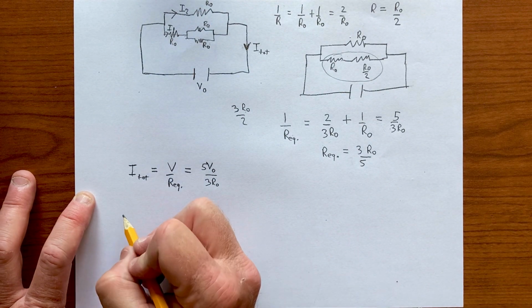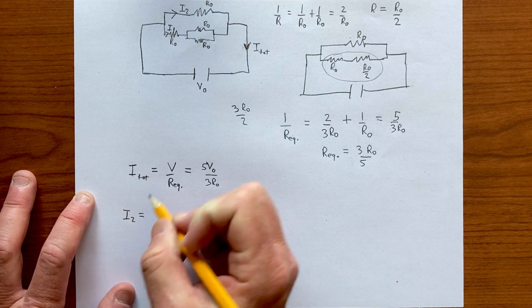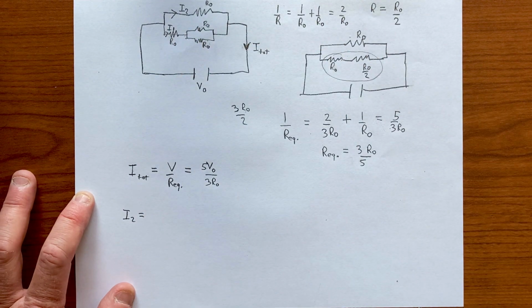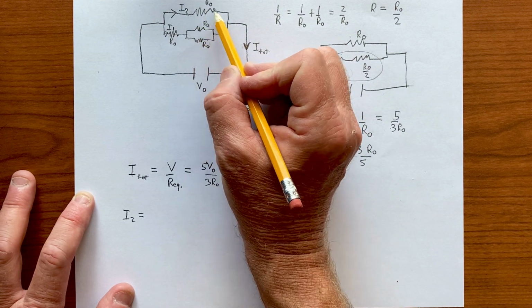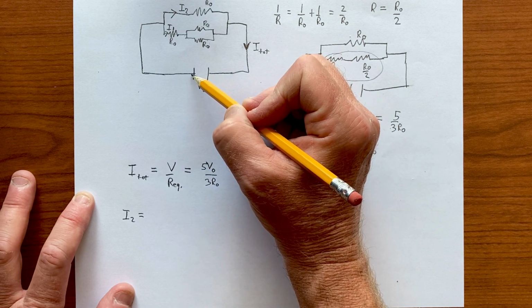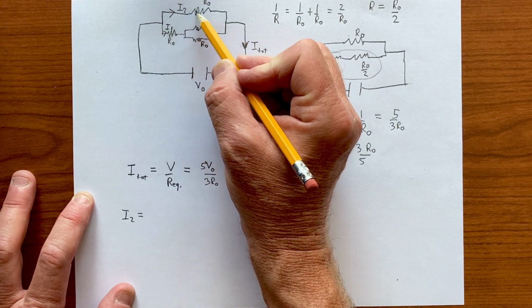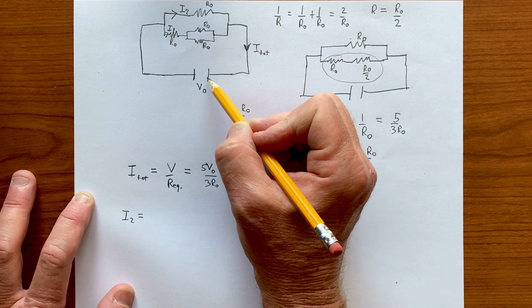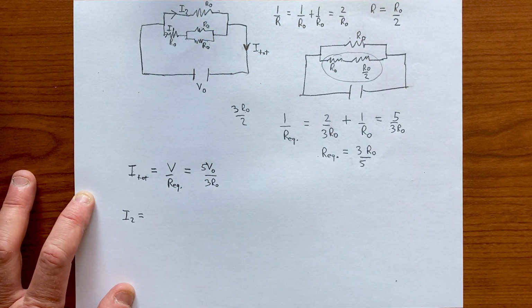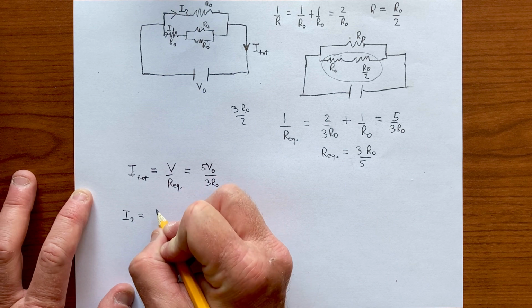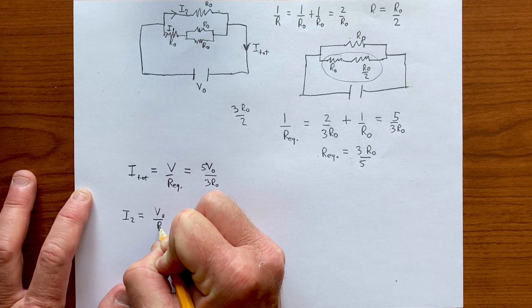So I2, the current going through the top part, obeys Ohm's law. The voltage across the top part is one resistor, coming around here, so the voltage across here must be V naught in magnitude, and so I2 would be V naught over R naught.